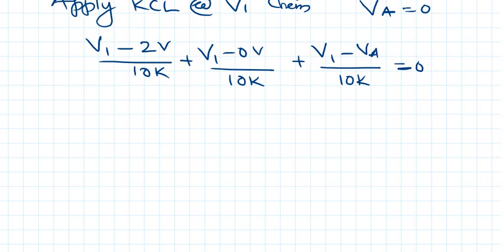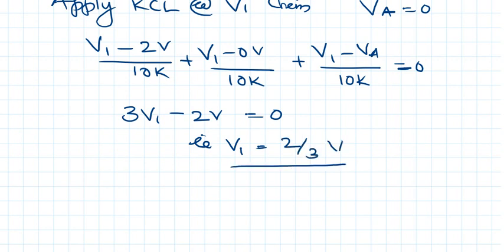So 3V1 minus 2 voltage is equal to 0. That is V1 is equal to 2 by 3 voltage. So you will get V1 as 2 by 3 voltage.